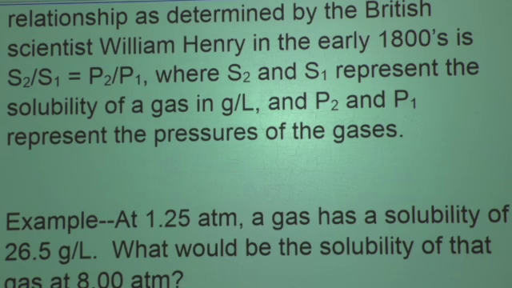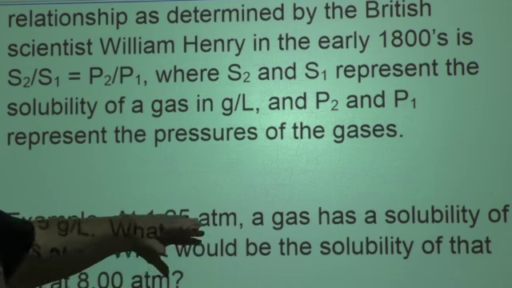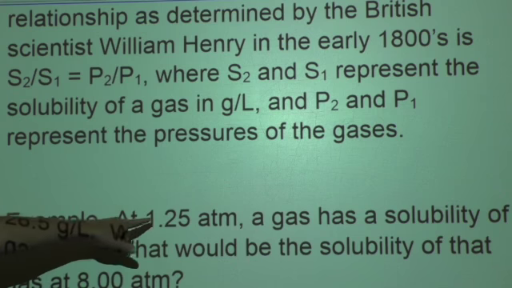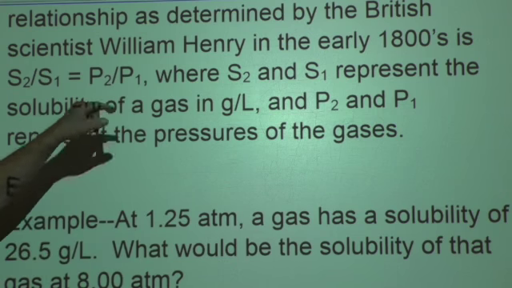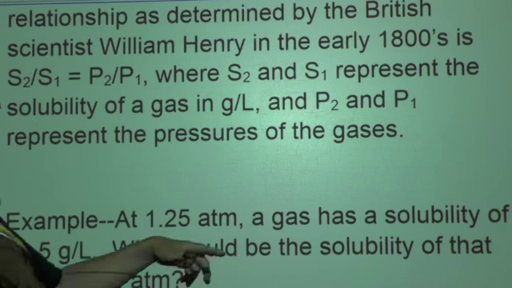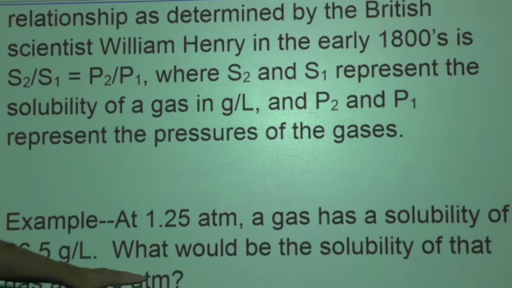So if this is what we're starting with, 1.25 atmospheres of pressure and 26.5 grams per liter is our solubility, then I'm going to make the 1.25 atmospheres P1 and the 26.5 grams per liter S1. This is what would be the solubility of that gas at 8 atmospheres. So this is going to be pressure 2, so that's going to go right over there.